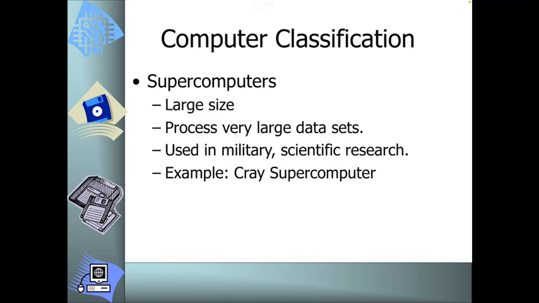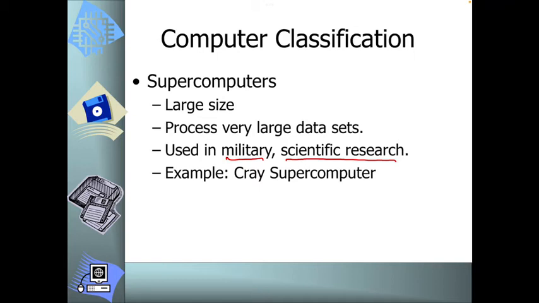The properties that we have here: first, a supercomputer must be large in size. Supercomputers also process very large data sets. And supercomputers are only used, for example, in military, scientific research, and so on.